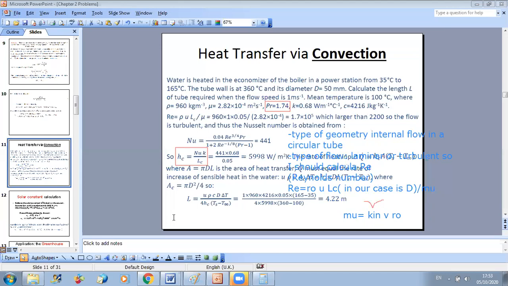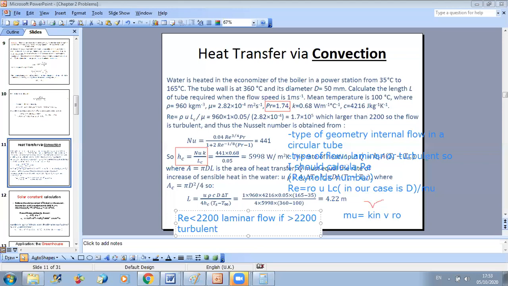Once I have Reynolds, the following criteria is used. If the Reynolds number is smaller than 2200, then it's a laminar flow. If it's larger than this value, it is a turbulent flow. Don't worry, you don't have to remember anything.